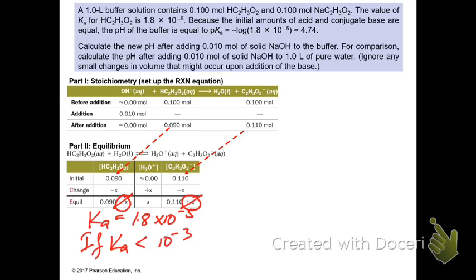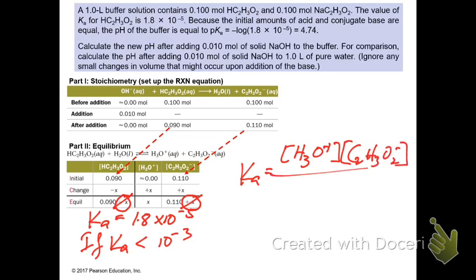Right, so the Ka expression is the concentration of the hydronium ion times the concentration of the conjugate base divided by the concentration of the acid. All right, and then we're given the Ka value here, so it's 1.8 times 10 to the negative 5.